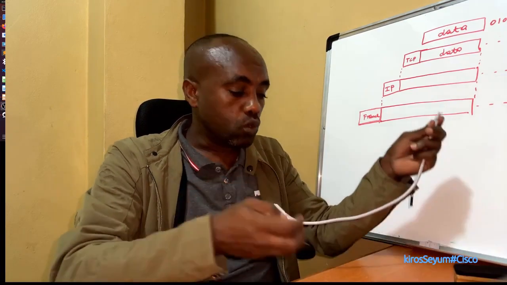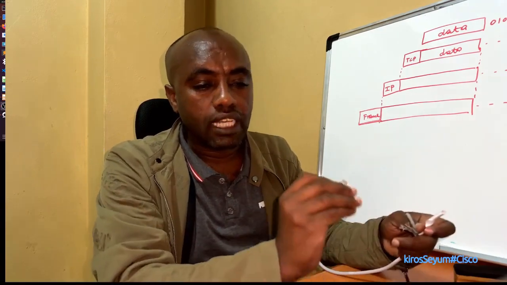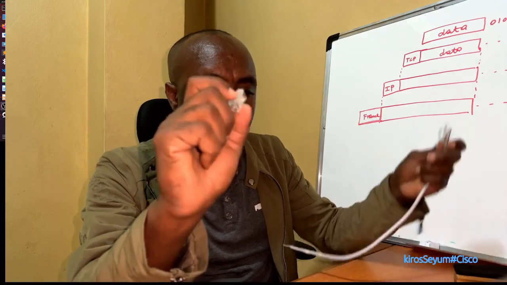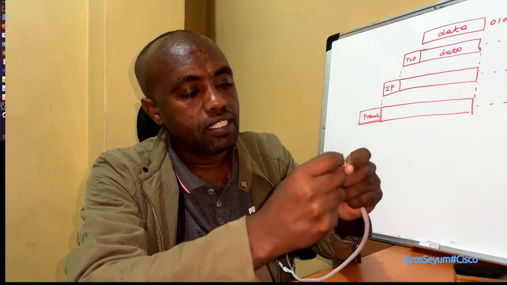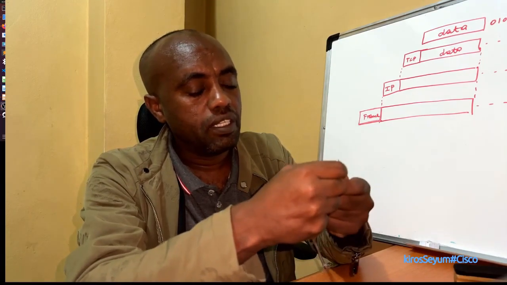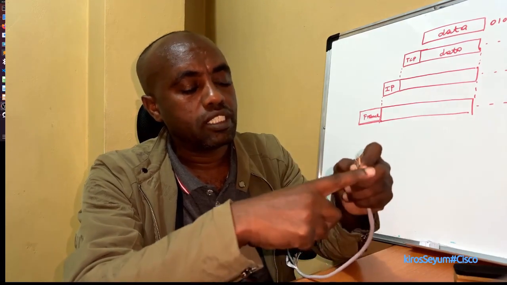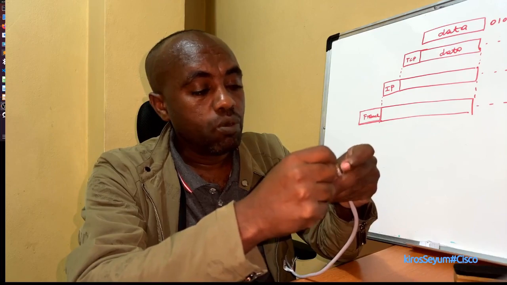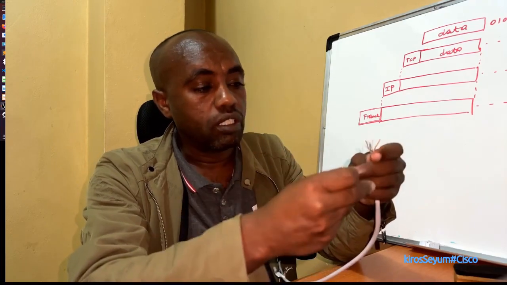So when you want to crimp or connect this RJ45 connector, you just cut this cable in equal size. It has to be cut in equal size. Then you put the color coding for interconnection.